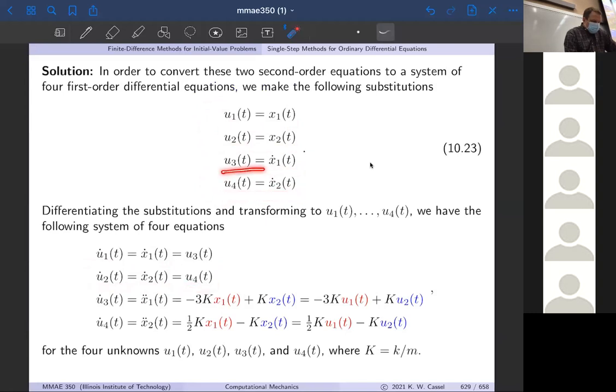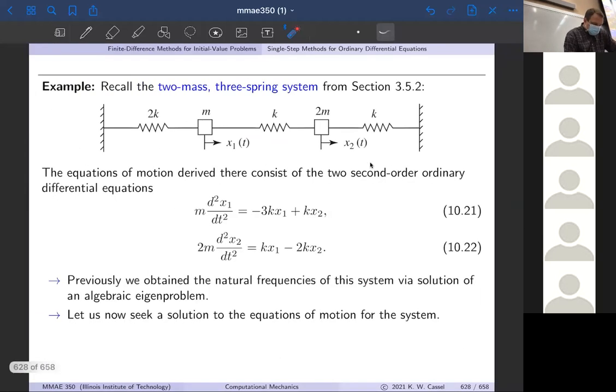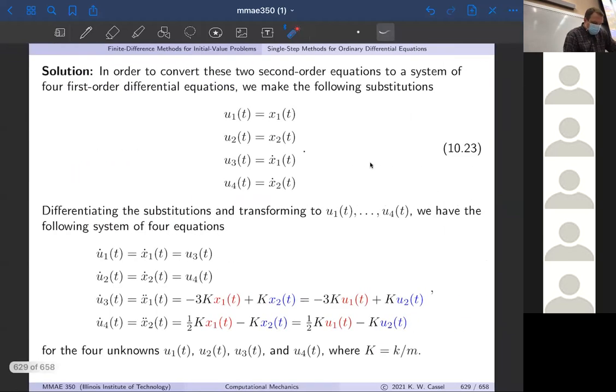The third equation, U3 is x1 dot, U3 dot is x1 double dot, but x1 double dot, that's this. So bring the m over, and I have this right-hand side divided by m, and I'm going to call that k. Capital K is little k over m. So I have minus 3 cap K x1 plus cap K x2.